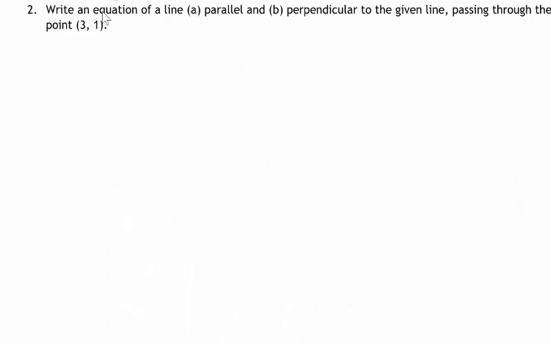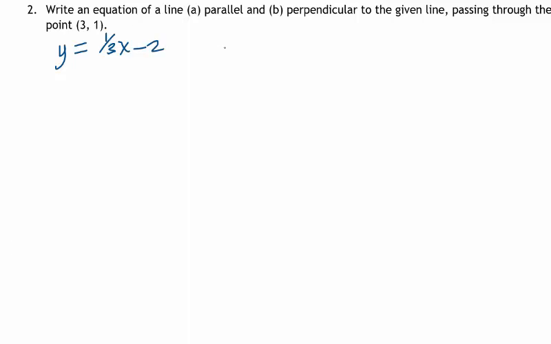Now we also want to write an equation of a line that's parallel to the given line in number 1, and one that's perpendicular to that line, that passes through the point (3, 1). Recall the equation of the line was y equals 1/3 x minus 2.